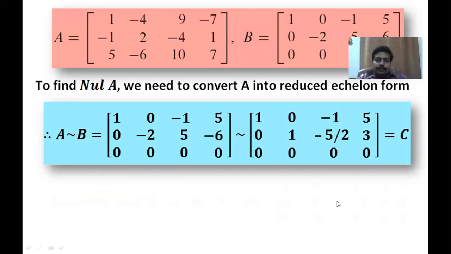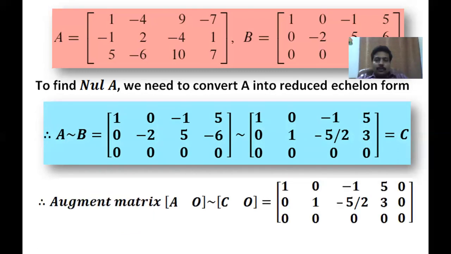So for finding the vectors in null A, we need to form an augmented matrix [A|O], which is row equivalent to [C|O], where O is the null matrix.